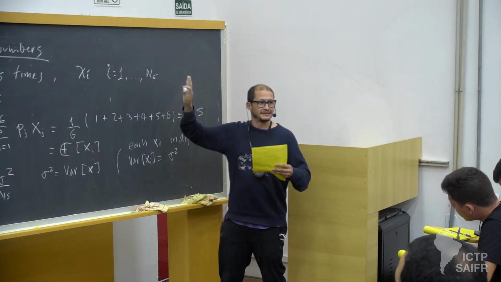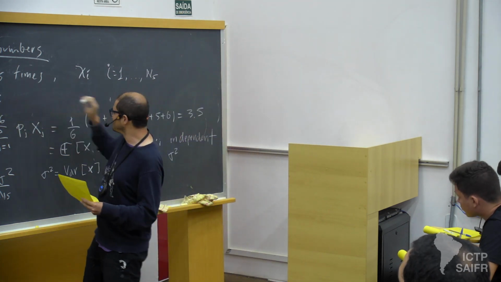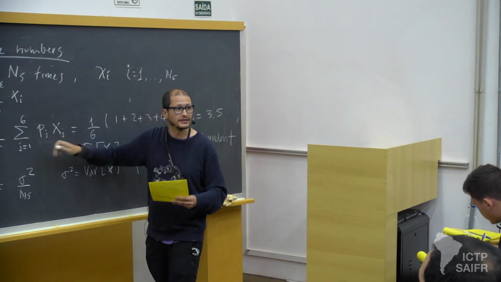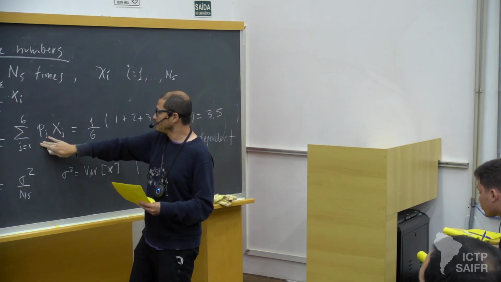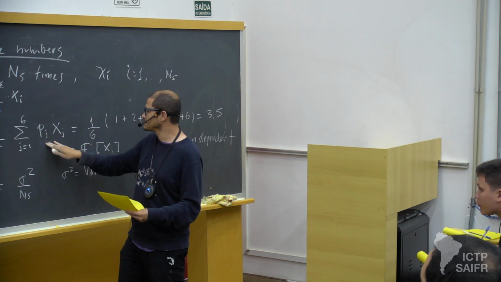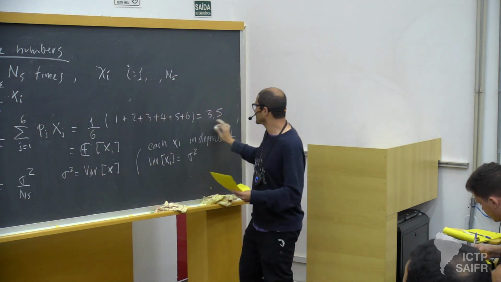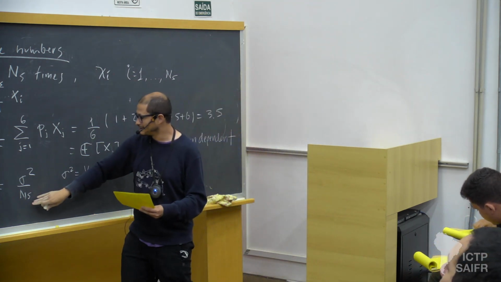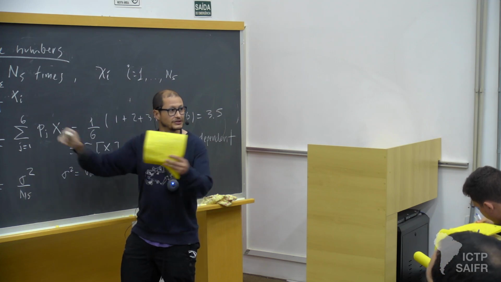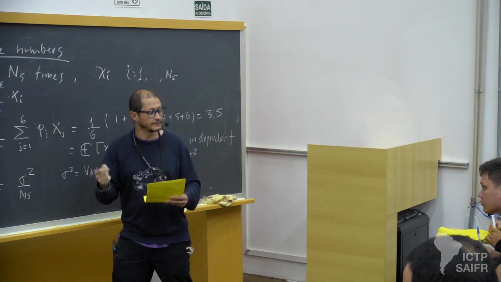So this is the important thing: if you draw random numbers according to this distribution, such as flipping a coin or a dice, then you average these numbers, this average will converge to the expected value, and the fluctuations decay quickly with the number of times you repeat the experiment, okay?